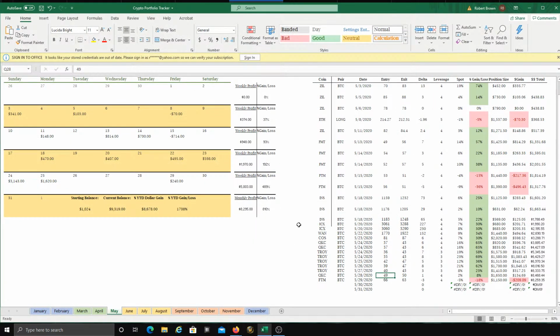So margin trading alts and developing your strategy around that, it's a different mindset than trading Bitcoin. These coins can move easily 5 to 10 to 12% ranges in a day, and with 4x leverage, a 5% move is about 20% profit.